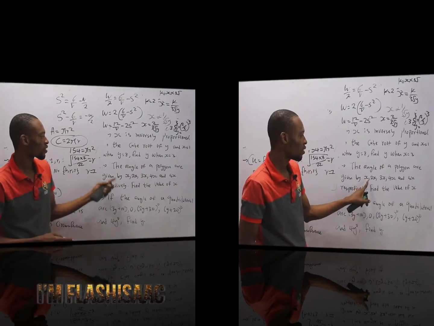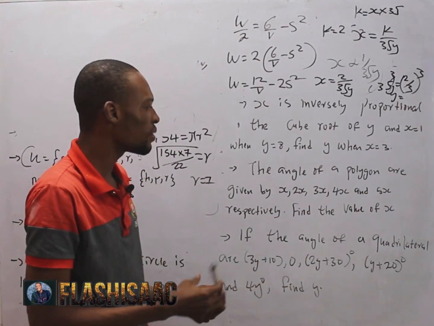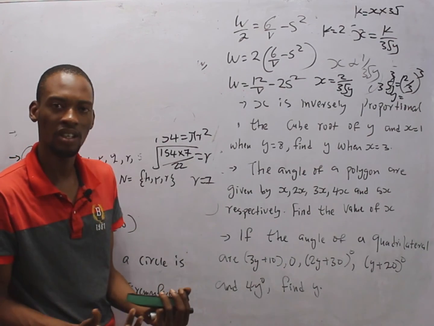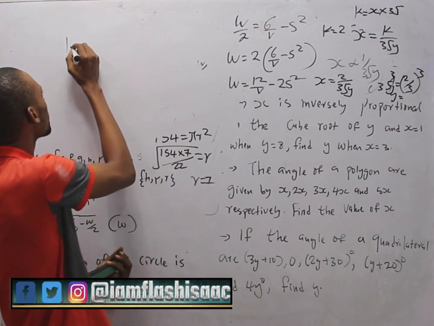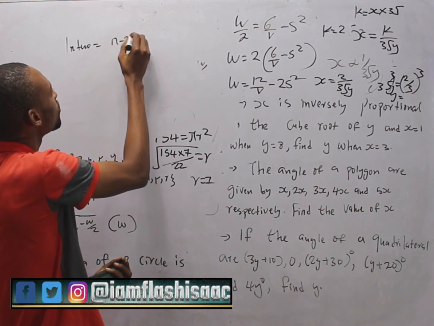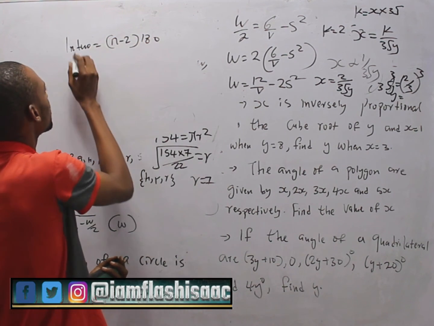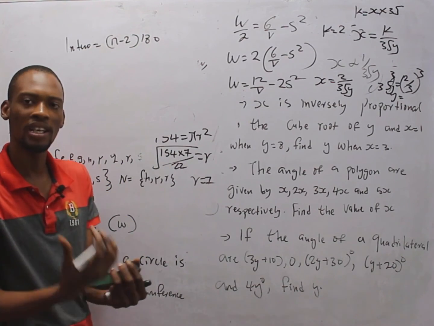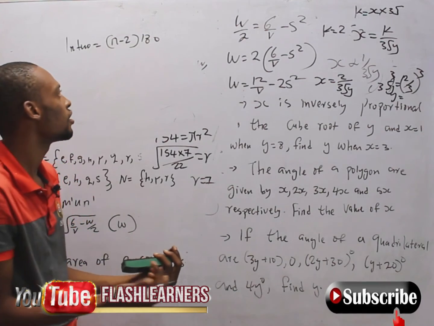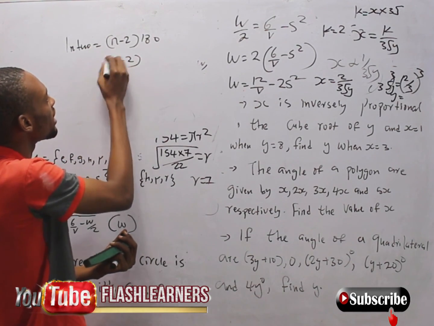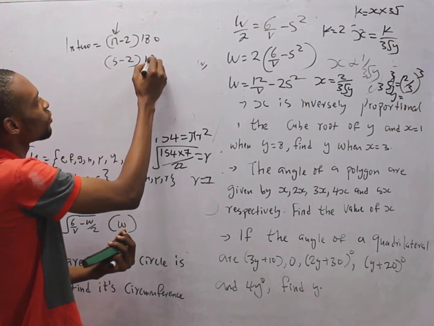And this says, the polygon has 5 angles. This means it is a pentagon. And the sum of interior angles of a polygon is equal to n minus 2 times 180. Since we are talking about a pentagon, n is 5. So the sum of the interior angles is 5 minus 2, where n is the number of sides, times 180.